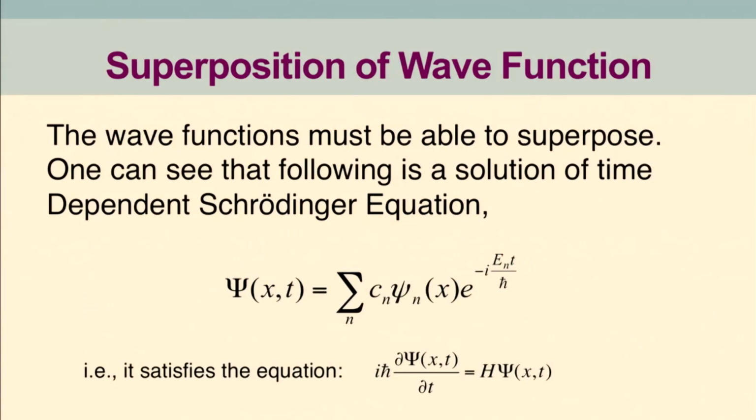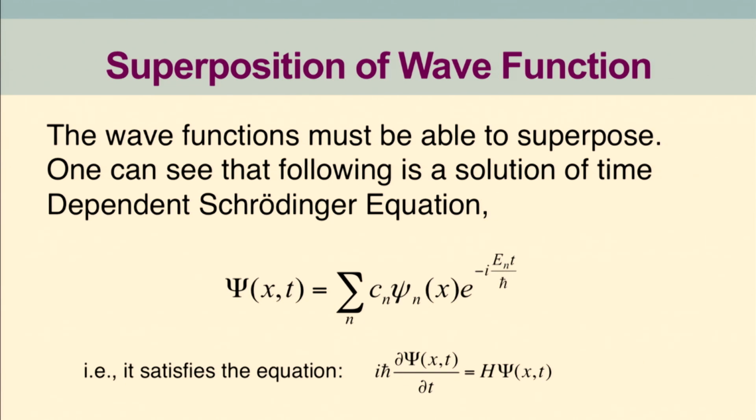Before I do a measurement to find where the particle is and in which energy state, the particle actually remains in a mixed state, or a superposed state. This is what I have written here. The wave function remains as a linear combination of psi n, and if you take into account the time dependence, then there is a factor of e to the minus i E n t by h cross which also comes in.